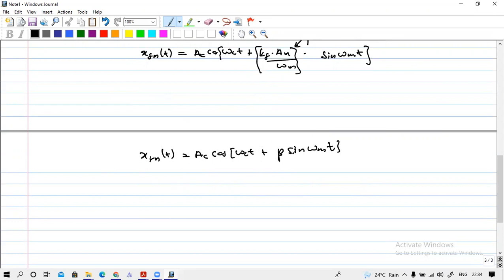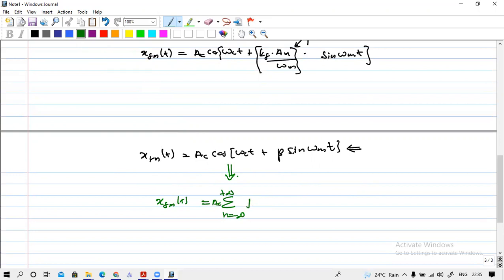This is a function of a function, so frequency domain analysis is somewhat hard. But we can write this signal as a collection of harmonics using the Bessel function method. So we have this FM signal in this form as a collection of harmonics. Here we have A_C.